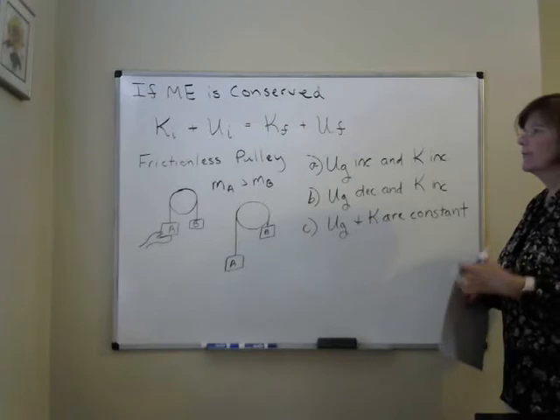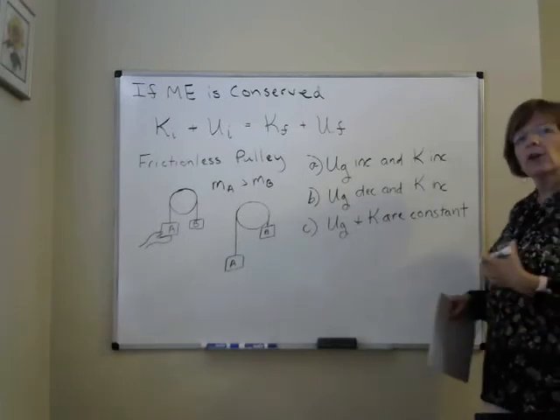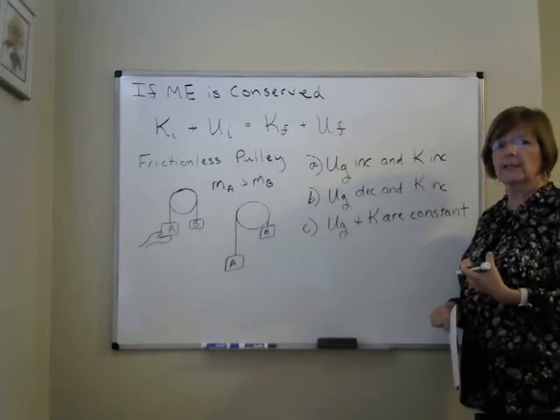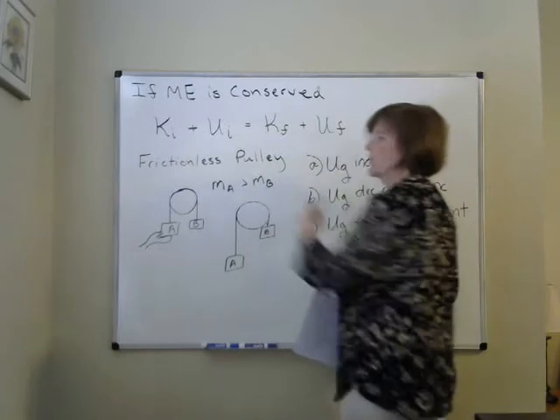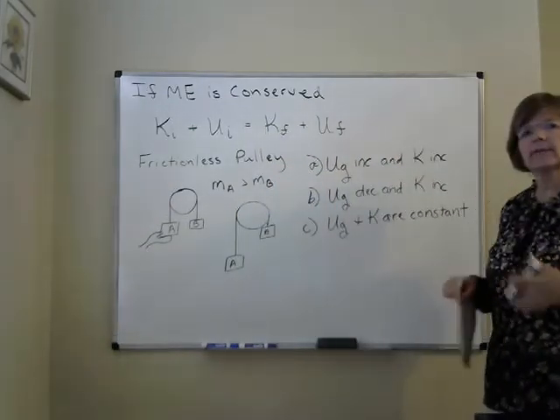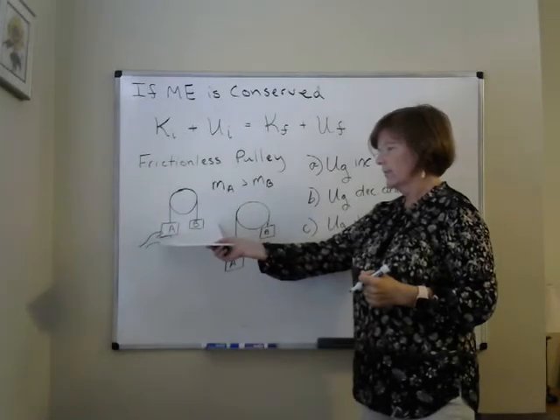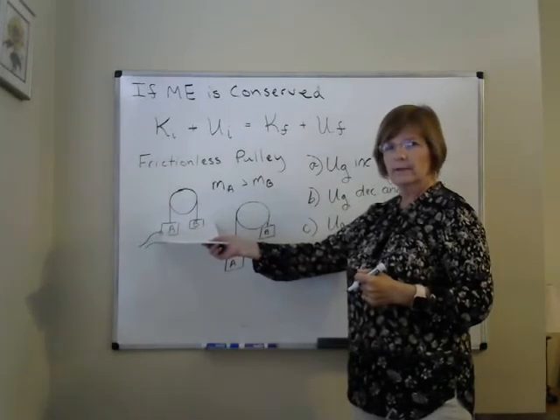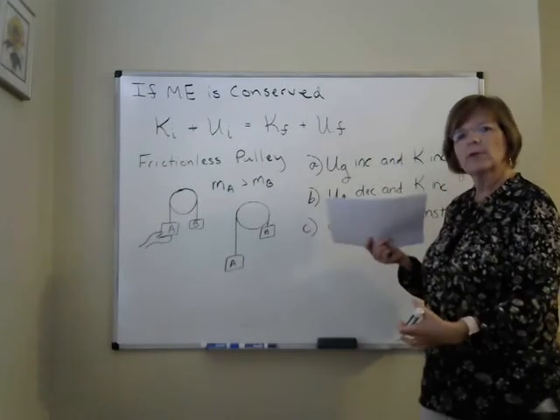If we have a frictionless pulley and the only force acting is gravity, then we know the mechanical energy is constant. The sum of kinetic plus potential won't change. That doesn't mean individually they won't change. Right here, there's no motion. But as soon as he removes his hand, the system goes into motion.